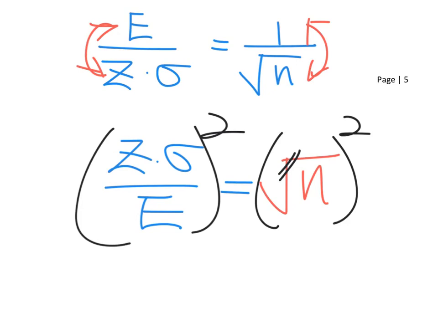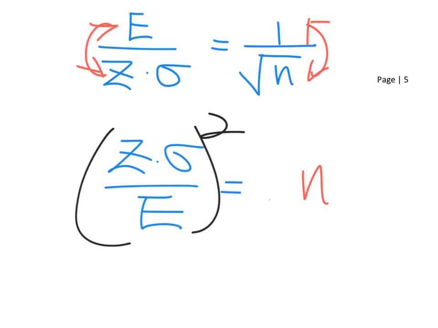Then we can cancel out the square root. Now, on the right-hand side, there is the only n, the sample size. Who is this? Z times sigma over E, then square.